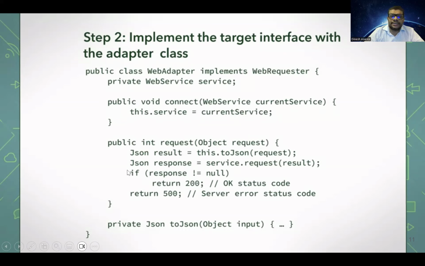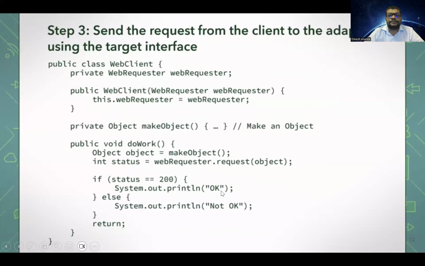And then you can see in this web request interface, you had this method, and now we are implementing the method here, right? So we get the object request and we convert it into an output, converting this object into the JSON format.